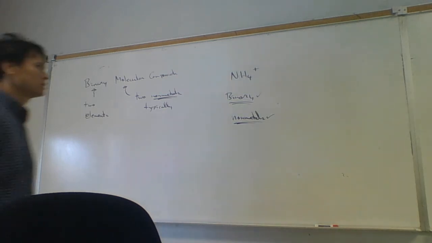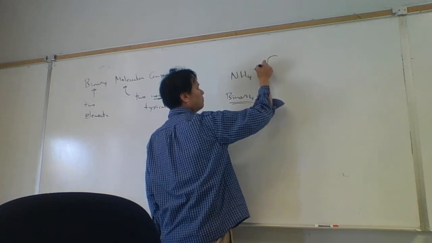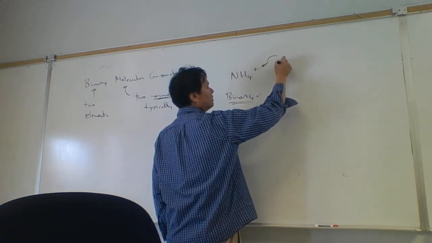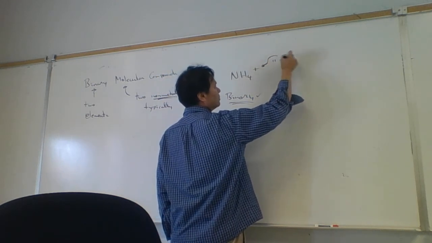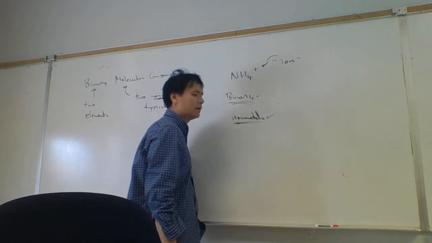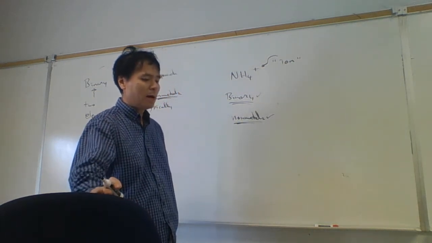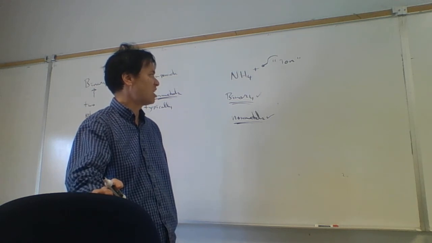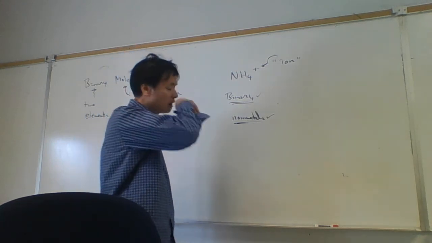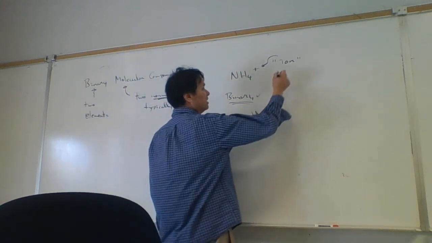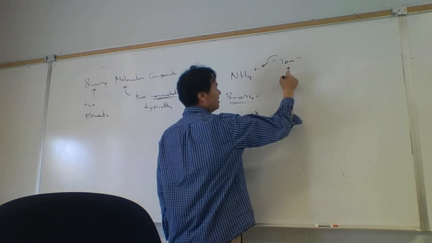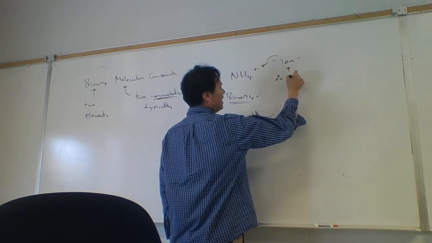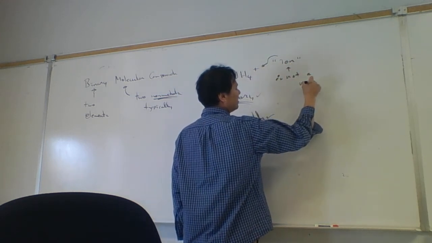The reason it's not is because of this. This is not a compound. This is something that we call an ion, which we'll talk about later. An ion consists of an imbalance of protons and electrons. So somehow an electron was lost, and so one of the protons in the nucleus is not charge balanced. And so it's an ion, therefore not a molecular compound.